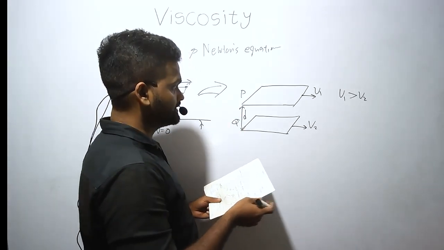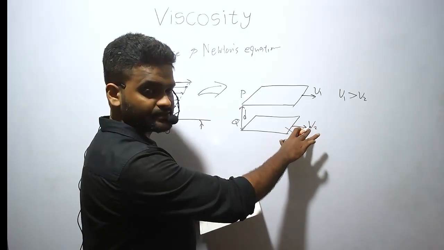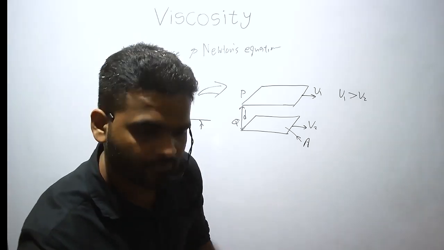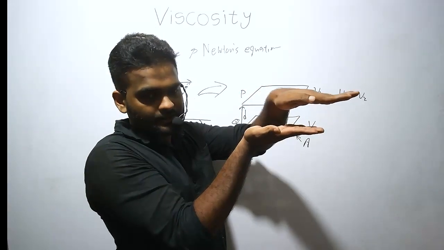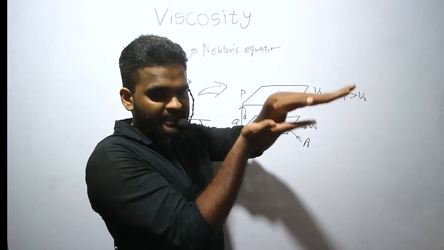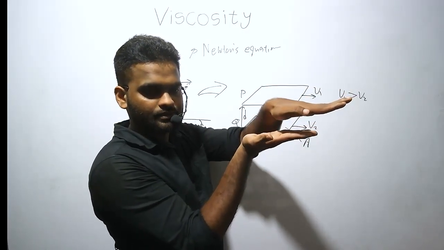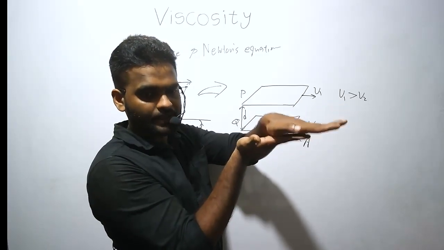Then we can consider an area. This area is called the common area, right? Common area means if you have two layers like this, and this layer is above that, the common area is this much. Understood? Not the whole thing, just the common area.